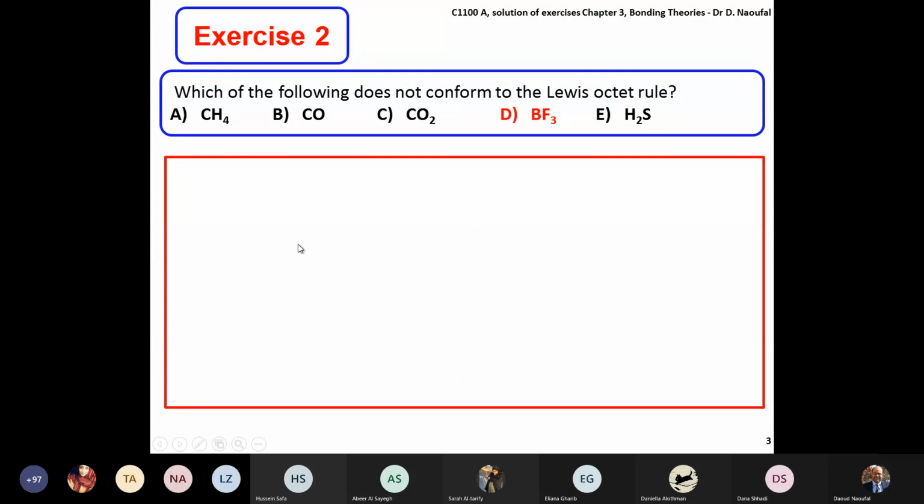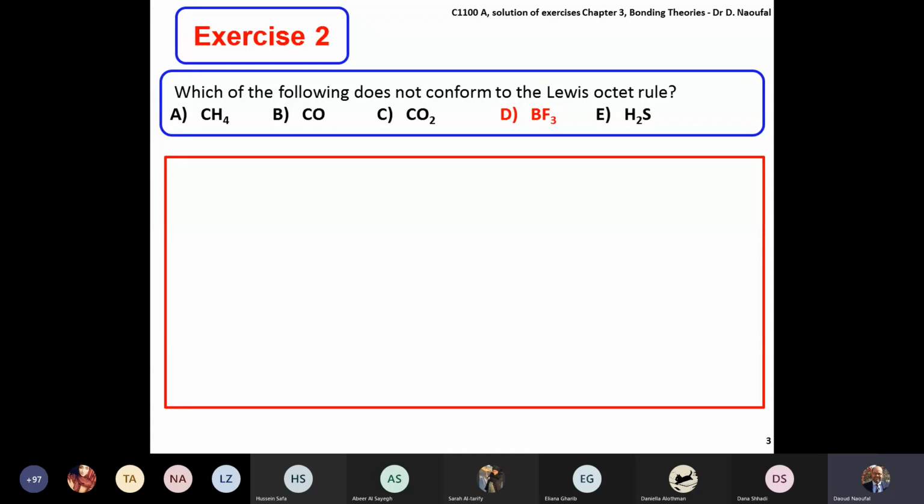Exercise 2. Which of the following does not conform to the Lewis octet rule? I advise in this exercise to put the answer directly, since we know that for boron, for aluminum, for example, and for hydrogen, we have exceptions.